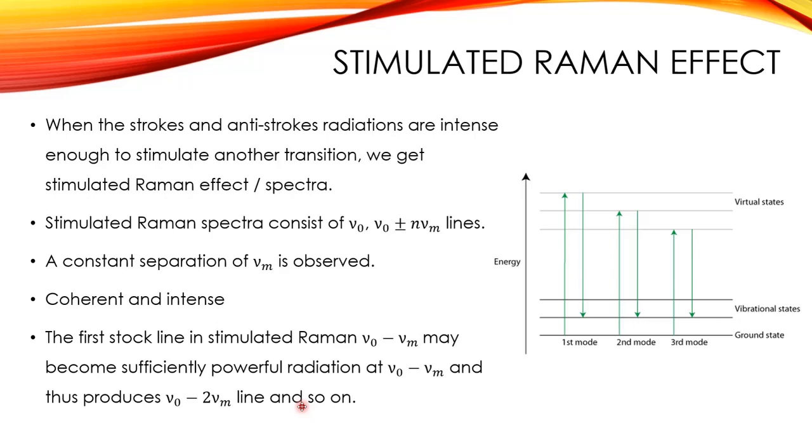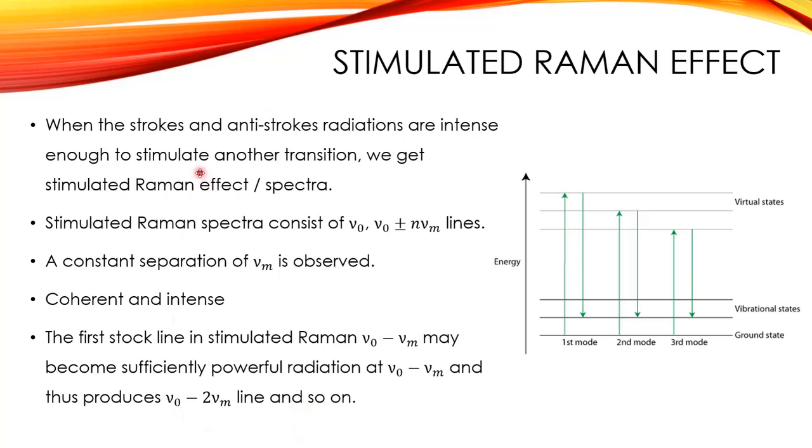So the stimulated Raman effect comes into play when the Stokes or the anti-Stokes radiation are intense enough to stimulate another transition to get stimulated Raman effect or stimulated Raman spectra.